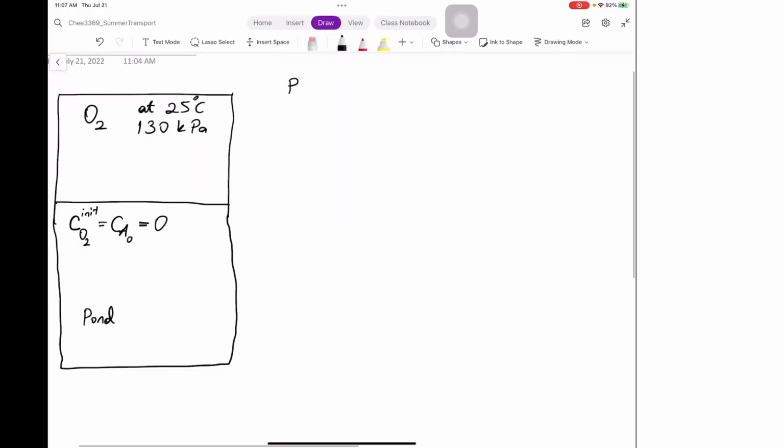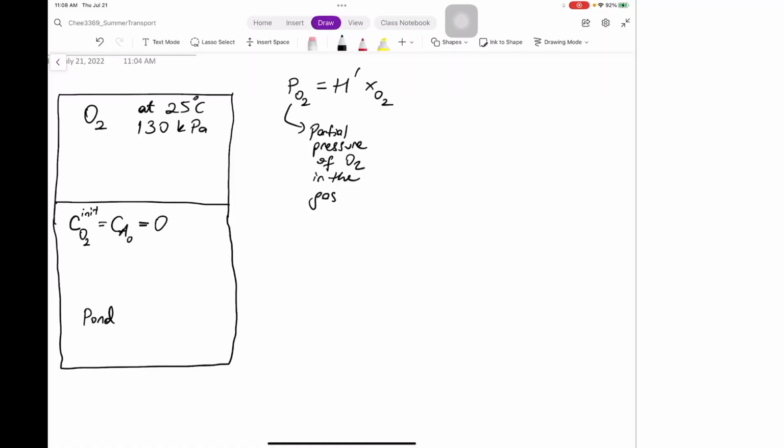The Henry's law is written in terms of pressure. This is given as the partial pressure of oxygen in the gas, and this XO2 is given as the equilibrium mole fraction of oxygen in water.